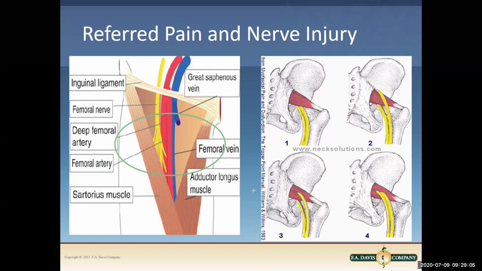Sometimes they'll do what's called a star closure, and a star closure is a little piece they put over it. But if you have really, really big legs, guess what? They oftentimes don't have a tourniquet big enough for that, which was my case. They didn't have a tourniquet big enough to fit around my thigh.